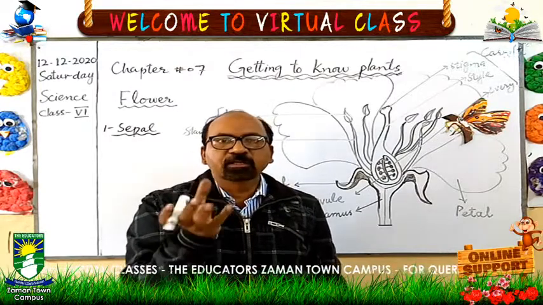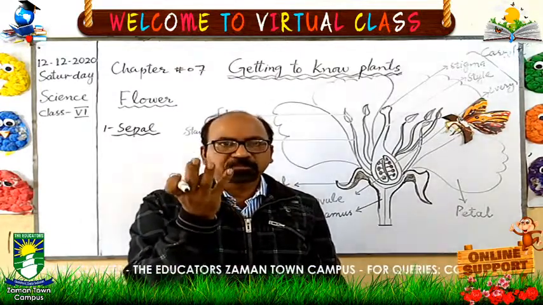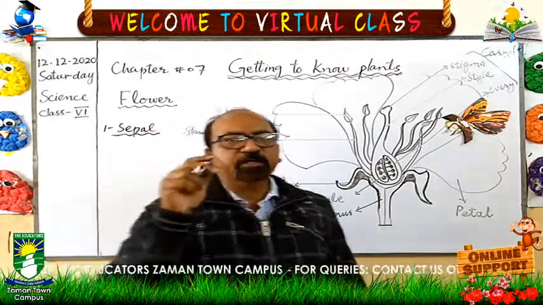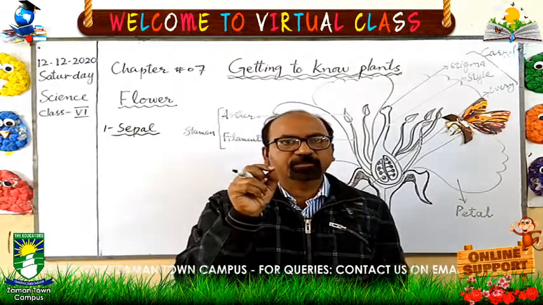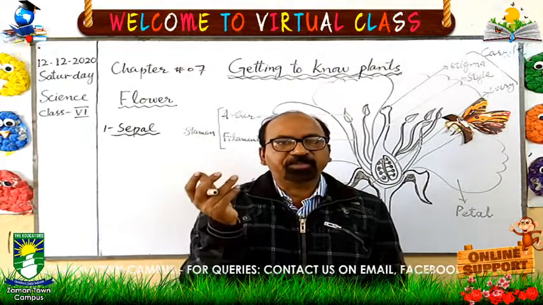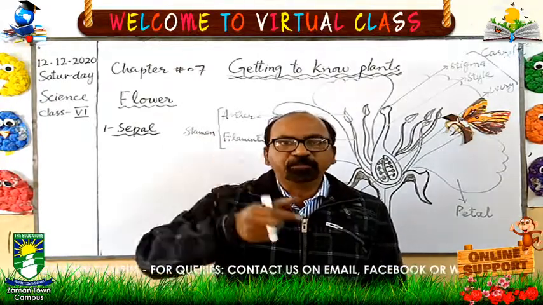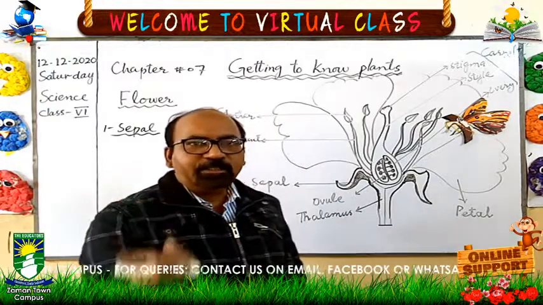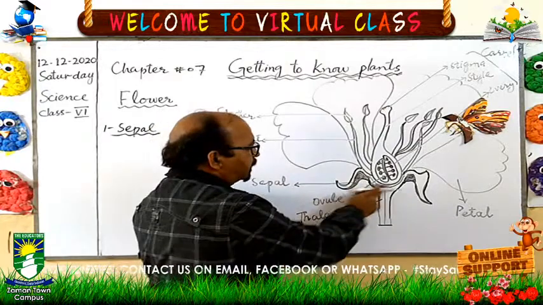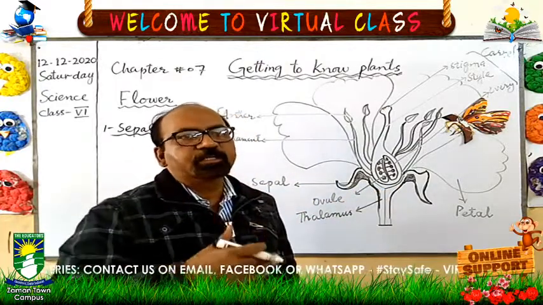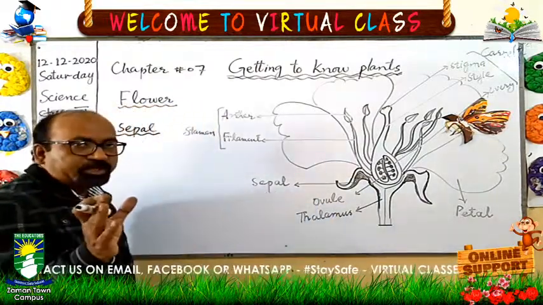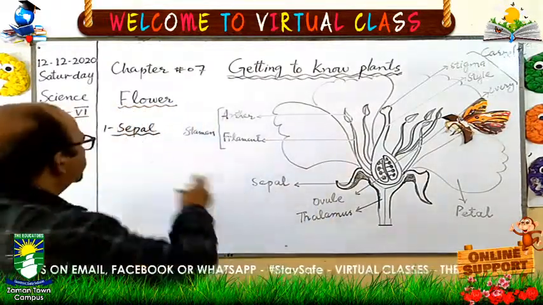When the bud blossoms, it changes into a flower. When the flower is very small, not opened, and its petals do not appear, the flower is called a bud. At the time when the flower is in the shape of a bud, sepals protect the petals and all the other inner parts of the flower. So protection is the basic function of the sepal.